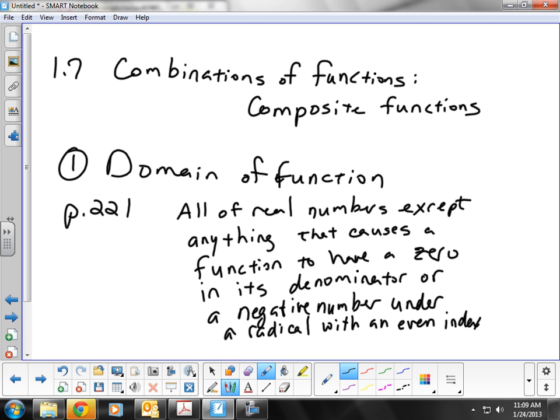Because remember, index is that number that's hanging out on the outside that tells me what root of it I'm taking.